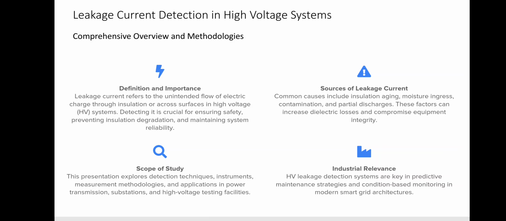Scope of study: this presentation explores detection techniques, instruments, measurement methodologies, and applications in power transmission, substations, and high voltage testing facilities. Industrial relevance: HV leakage detection systems are key in predictive maintenance strategies and condition based monitoring in modern smart grid architectures.